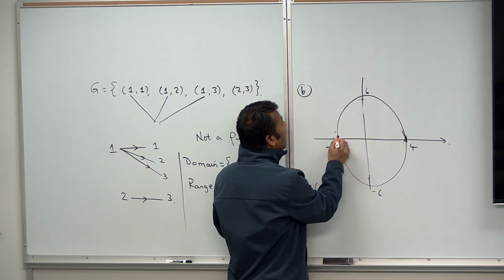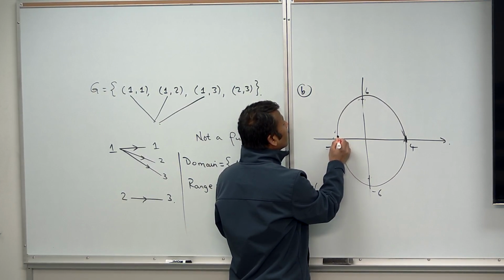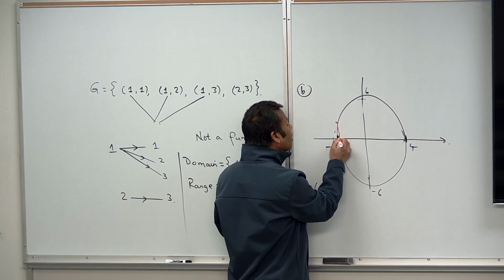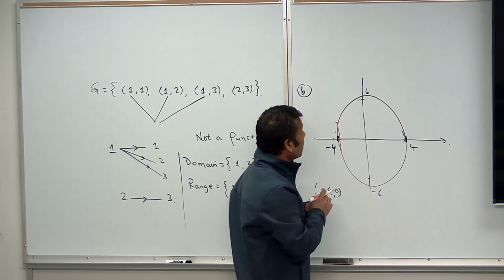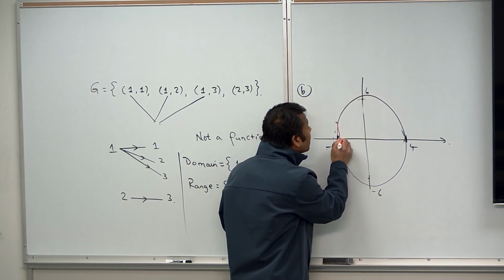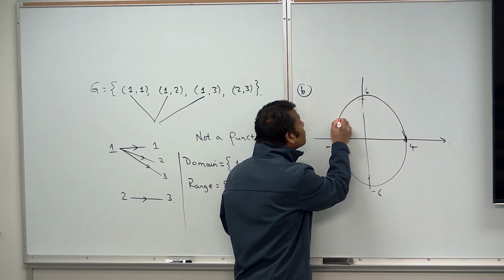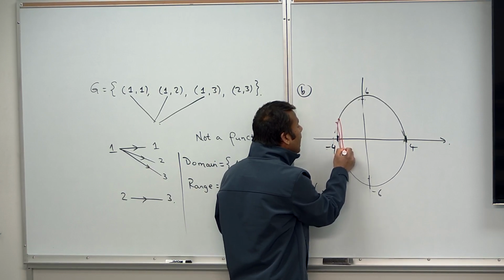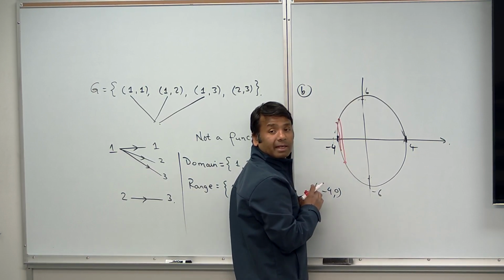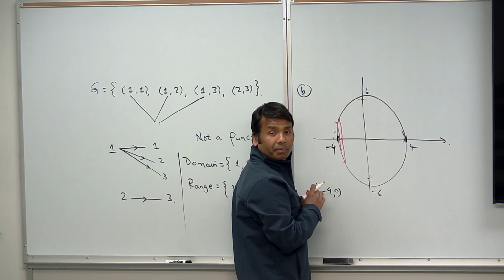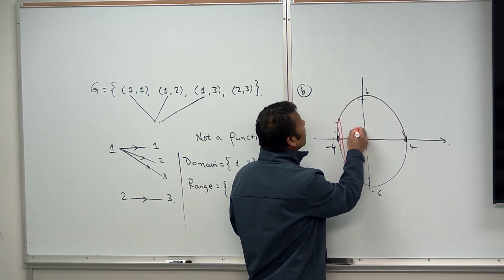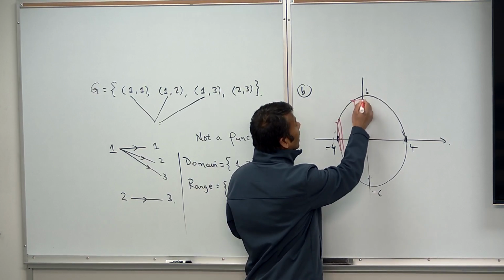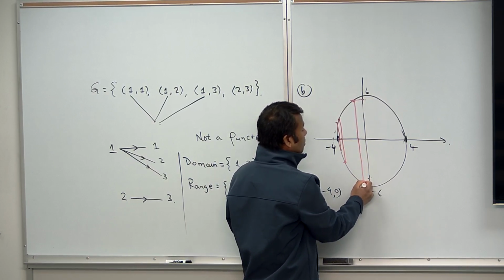So now look here. For every x value here, if you consider this side the x value, you have a y value here, and you have a y value here. It corresponds with this y value, and it also corresponds with this y value.